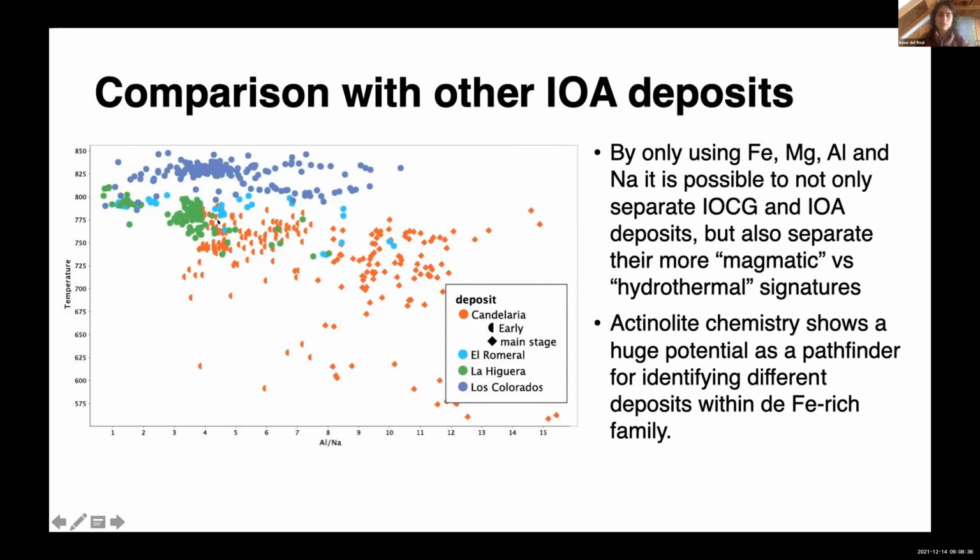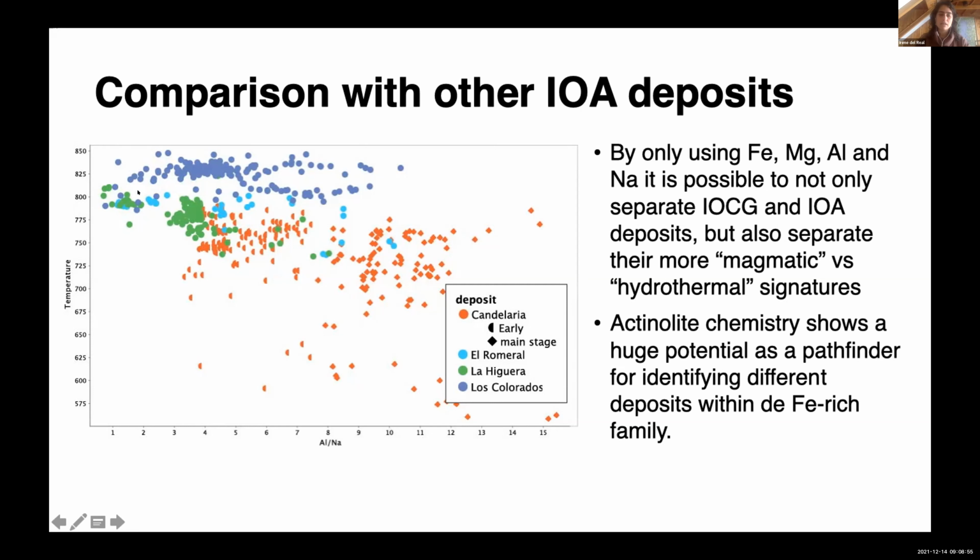The early samples overlap really nicely with samples from La Higuera, which is an IOA system, and from El Romeral, which has different stages that overlap, and even some samples from Los Colorados, especially from one of the main ore bodies that is interpreted to be more hydrothermal than the other.